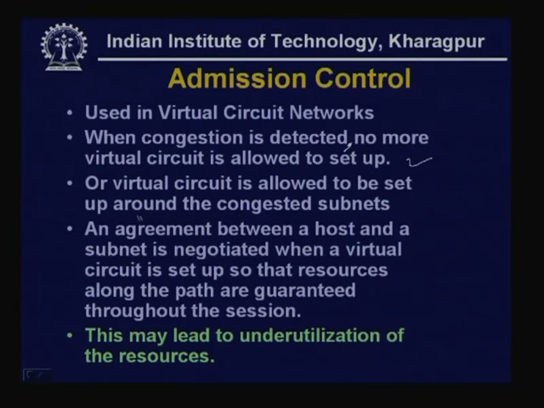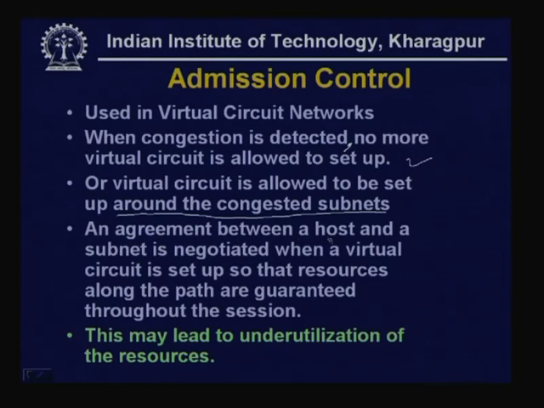That means, maybe the traffic has increased significantly in one portion of the network, not throughout the network. So, if the packet can be sent around the congested subnet, not through the congested subnet, then this is also part of the admission control. That can be done as part of the admission control.